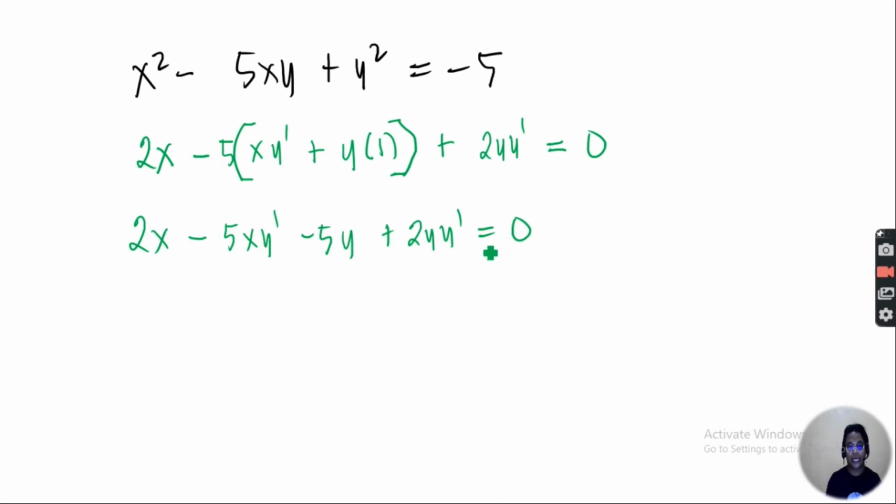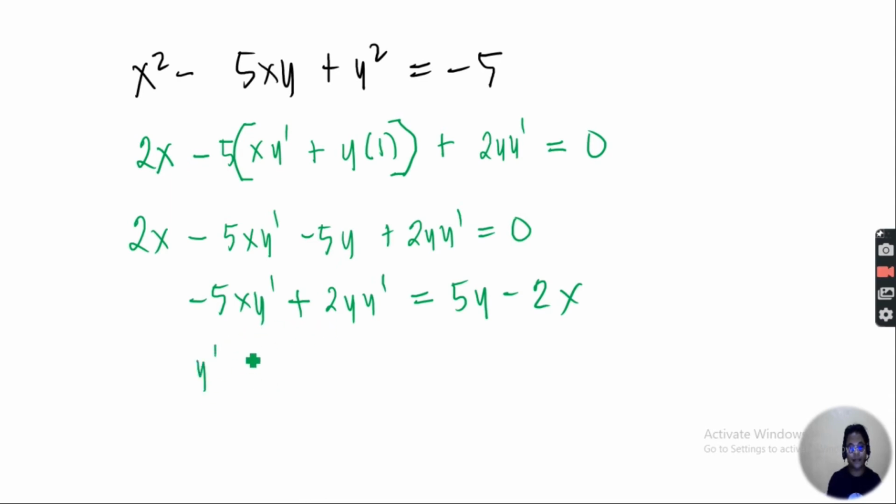Sa ilipat po natin yung ating mga values na walang y prime sa right side. So, magiging negative 5xy prime plus 2y y prime is equal to 5y minus 2x. So, kaya naging ganun po. Then, factor out natin yung y prime.